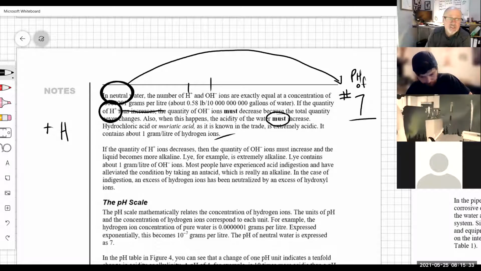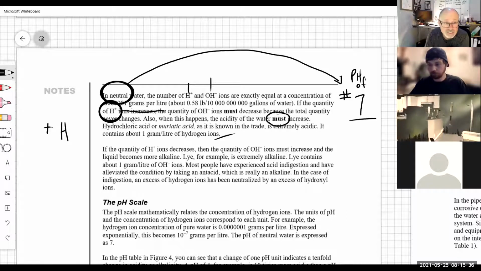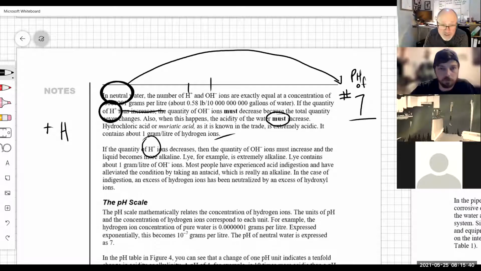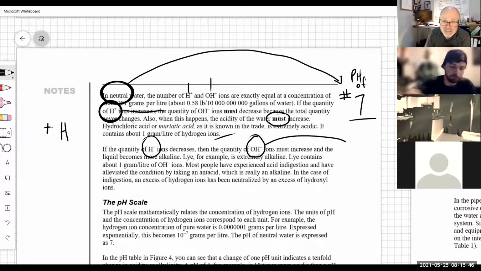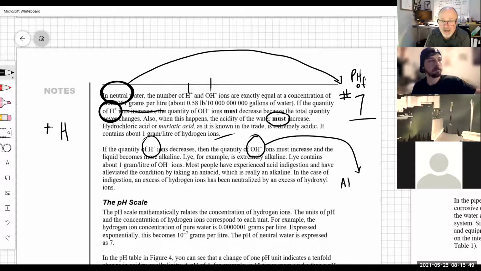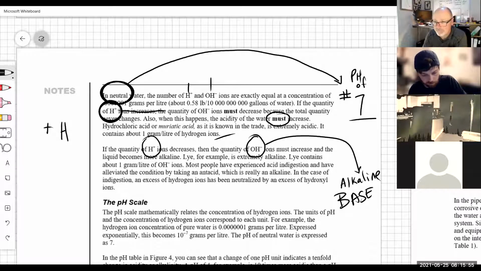So if the quantity of hydrogen ions decreases, then the quantity of hydroxyl ions must increase. And if these increase, it becomes an alkaline, or sometimes known as a base.